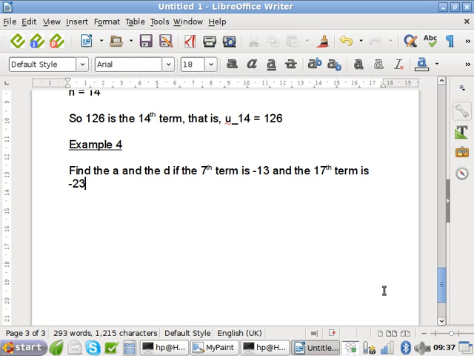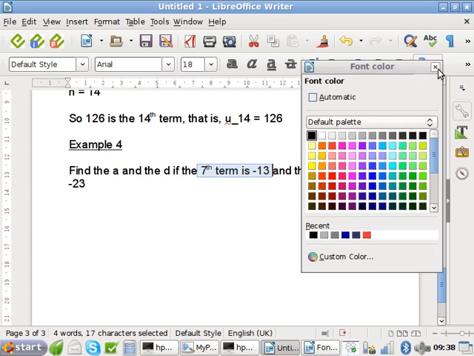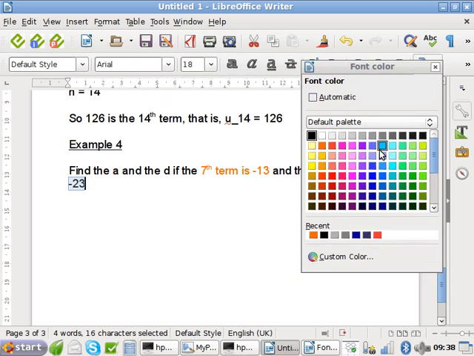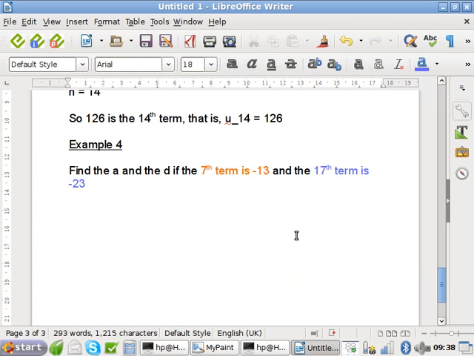We know that the 7th term is minus 13 and the 17th term is minus 23. But this is enough information to find the A and the D. You only need to know 2 of the terms to find the A and the D. So the first one, the 7th term is minus 13. And then the 17th term is minus 23.